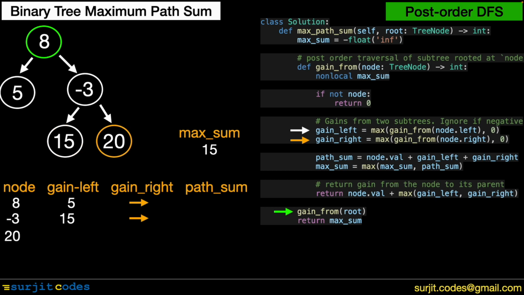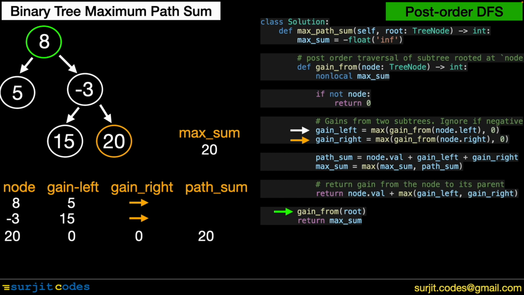Now let us find the gain right of -3. Right node of -3 is 20. Both the children of 20 are none, so both the gains of 20 are 0, and pathsum becomes 20. This is greater than old value of maxsum, so new maxsum is 20.